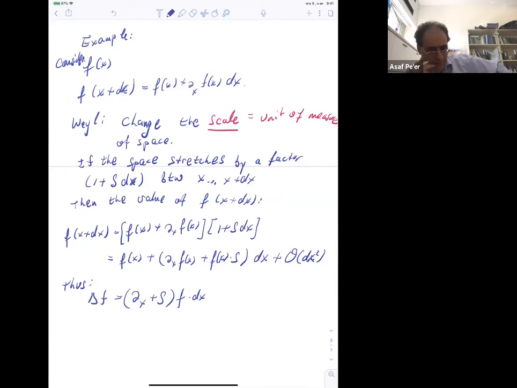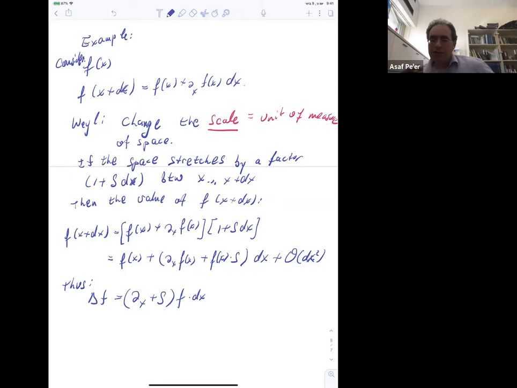So the idea is to write down the theory. We want f to be invariant. What Weyl did was to modify the differential operator: rather than use the simple differential dx, he now uses dx plus s as a new differential, and of course we have a new addition here.